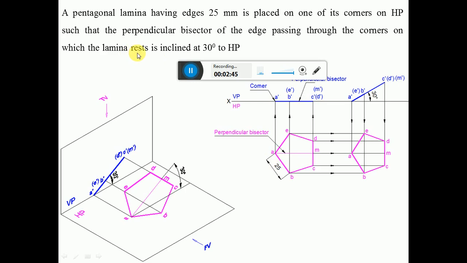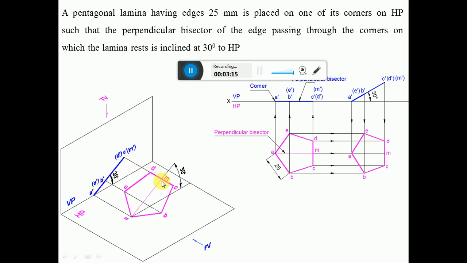So he says the perpendicular bisector is inclined at 30 degrees to HP. Since you have the true length of the perpendicular bisector and it is inclined at 30 degrees to HP, which is also the true inclination, we are rotating it directly, because on the true inclination you are going to get the true length. So we are rotating this perpendicular bisector by an angle of 30 degrees with respect to HP, so that we are going to see the image on the vertical plane.